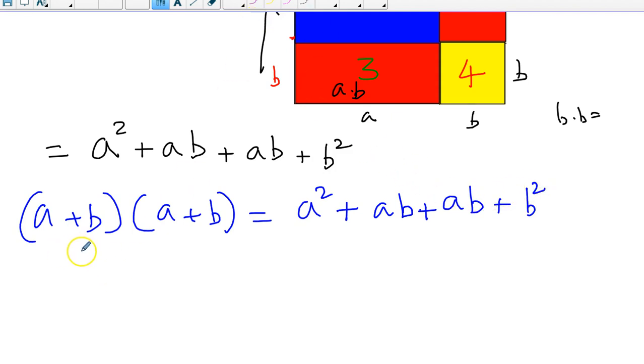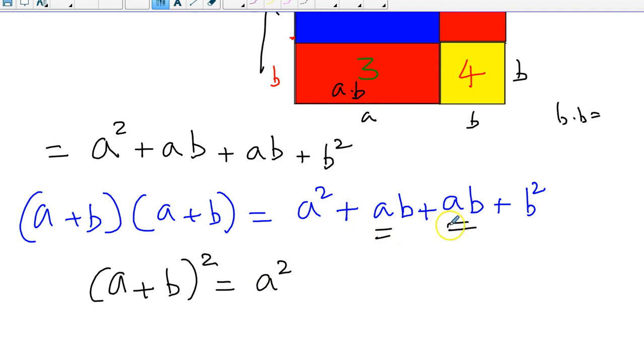What is (a plus b) times (a plus b)? That is (a plus b) whole square. (a plus b) whole square is equal to a square plus ab plus ab. Those two are like terms, so I can add them. 1ab plus 1ab gives you 2ab, plus b square.